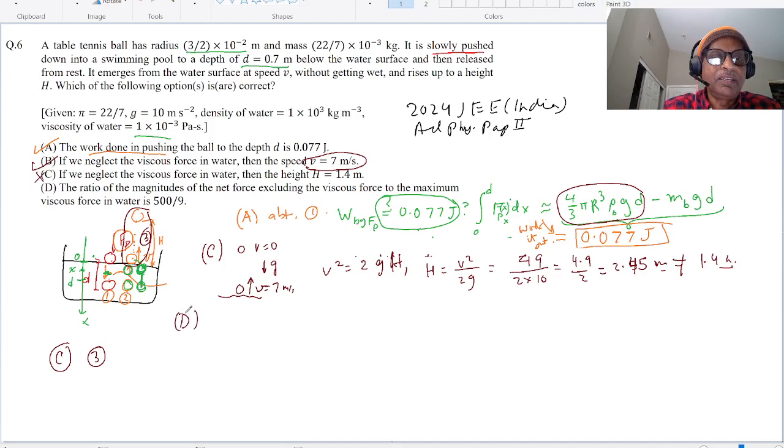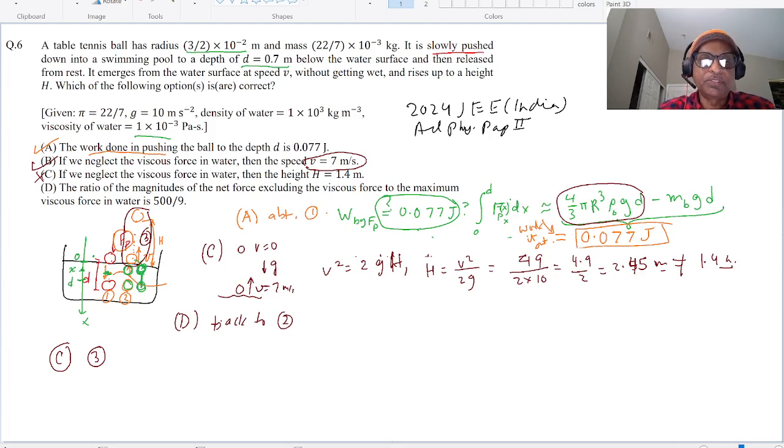Now D, overall it's saying viscous force is maximum, and if you look at the net force, it's trying to say go back to the going up part of the motion.